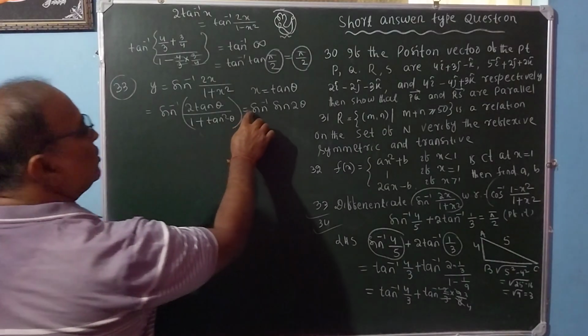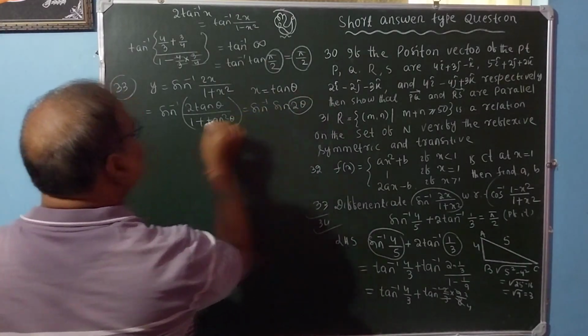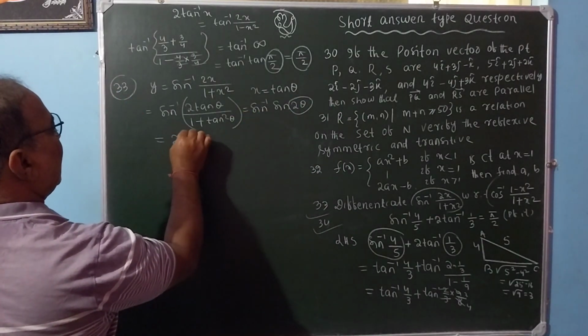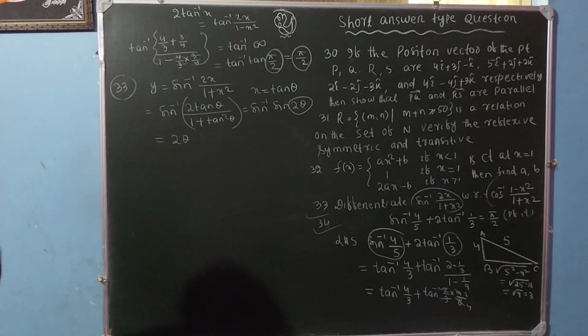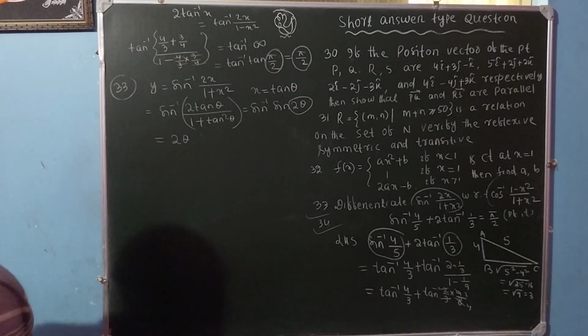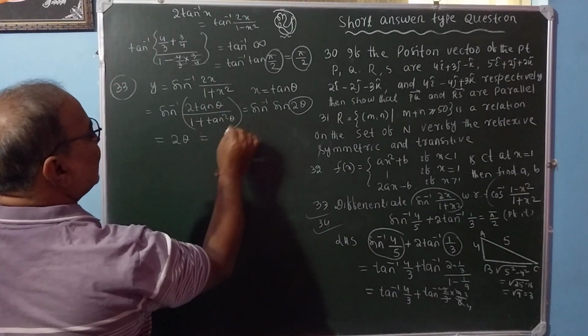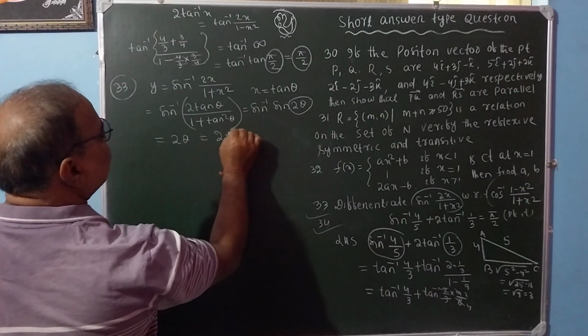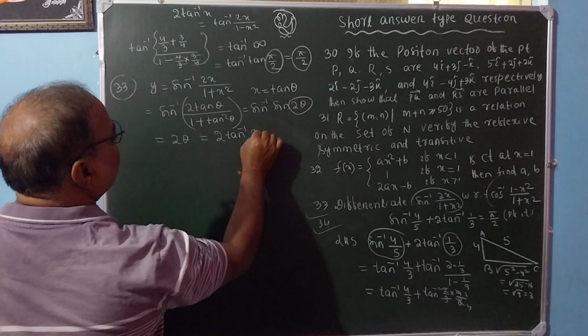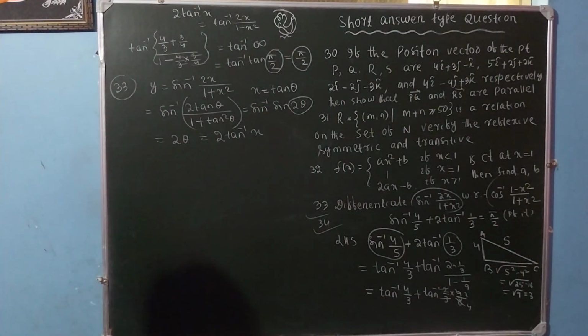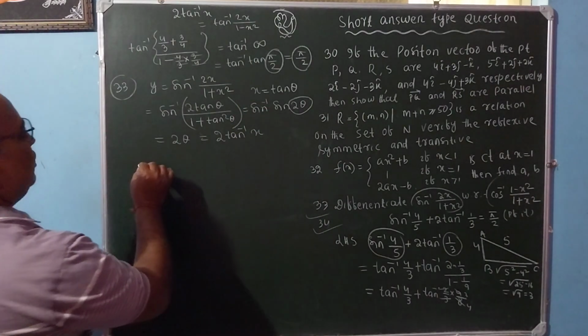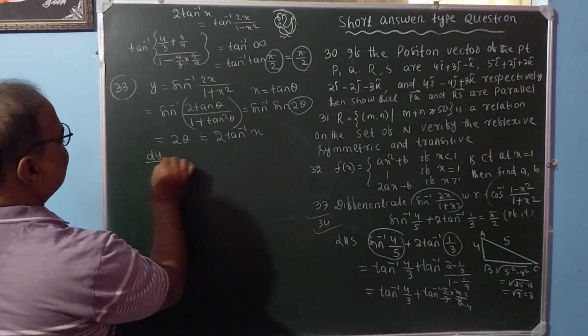Okay, sin inverse of sin 2 theta is equal to 2 theta. When x is equal to tan theta, then theta is equal to tan inverse x, so it is 2 tan inverse x. Now we have to find dy by dx.